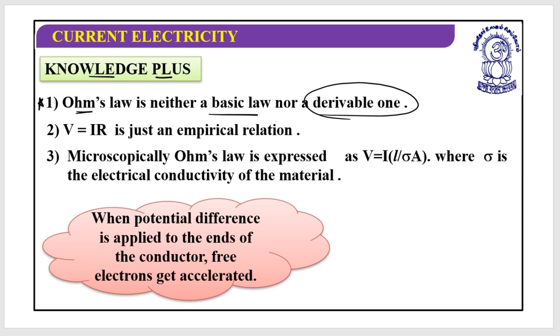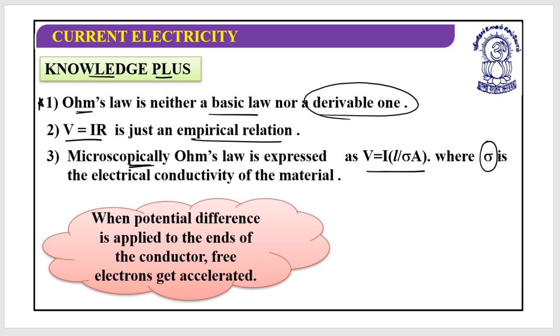We can say that V equals IR is just an empirical relation. Microscopic Ohm's law can be expressed as V equals I multiplied by L by sigma into A, where sigma is the electrical conductivity of the material.